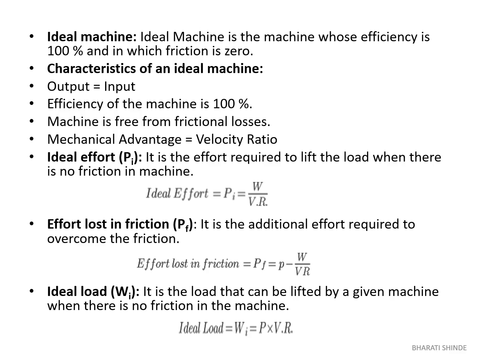Ideal effort is the effort required to lift the load when there is no friction in the machine. So if there is no friction, then the machine is ideal. So MA is equal to VR.